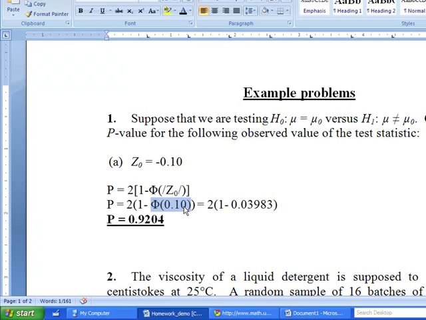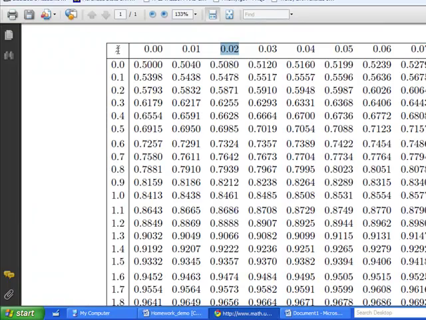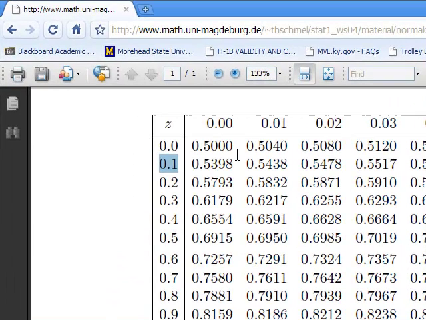0.10 is your z value, right? So 0.1 here, this second row, and 0.00, right? This first column. If it would have been 0.11, then second row 0.1 and 0.01, second column, right?